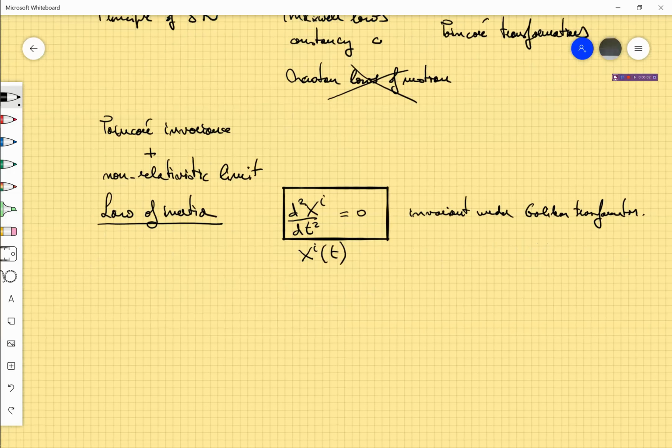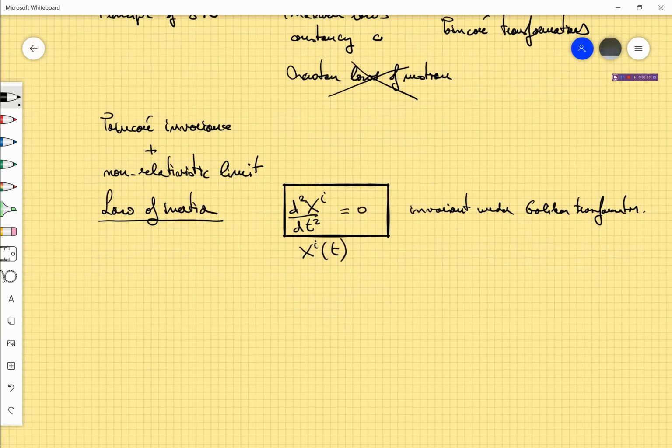So we're going to try to find an analog of this expression, but now invariant under the Poincaré transformations, and with the requirement that it reduces to this expression when the velocities involved are much smaller than the speed of light. In trying to guess the right replacement of this law of inertia, which is special relativistic, we first make some observations.